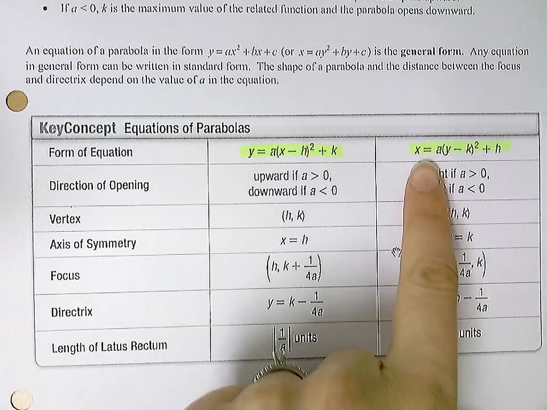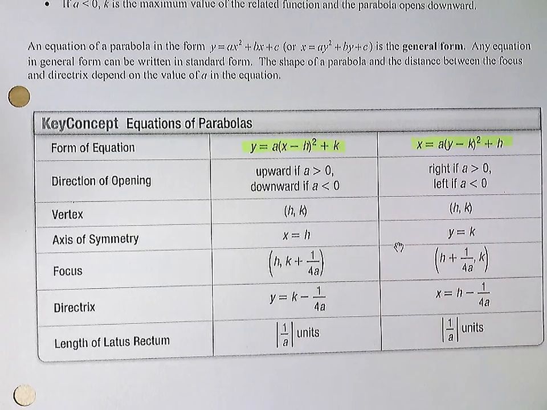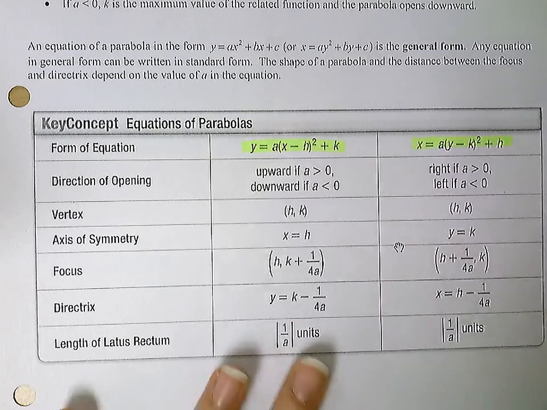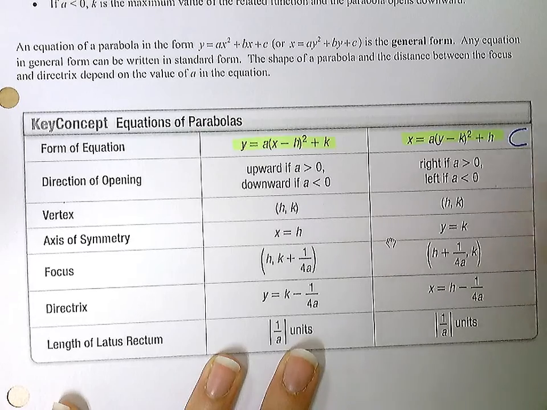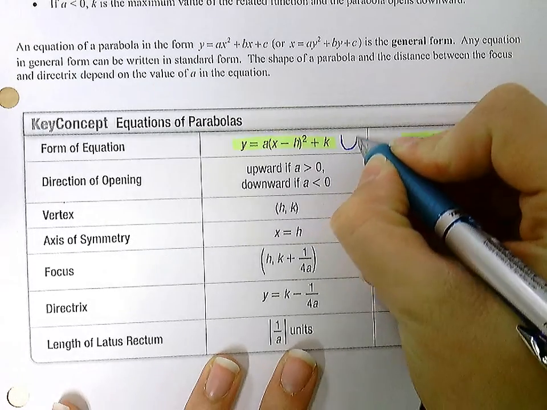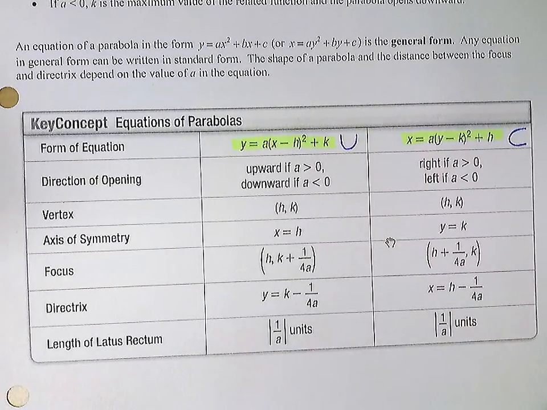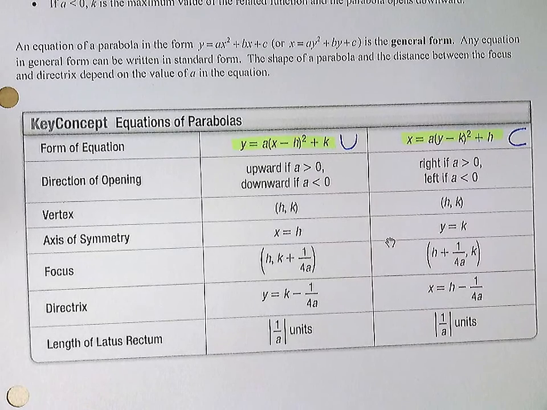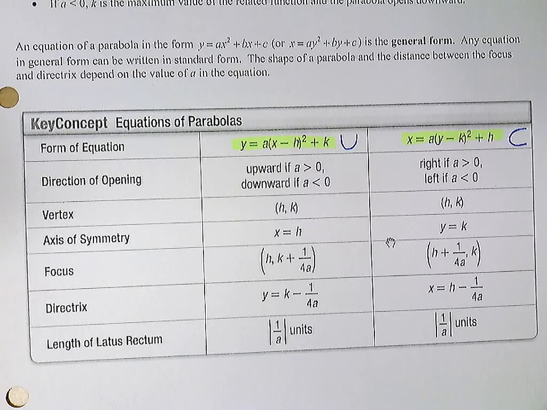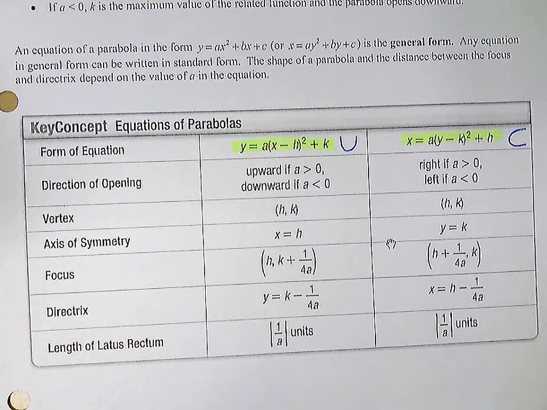When you have an x equals parabola, that's going to open left or right. Okay, so this one is in this shape. This one is in this shape. So when you have a y equals, it's your normal parabola shape. When it's an x equals, it'll open left or right. So that has to do with your direction of opening.